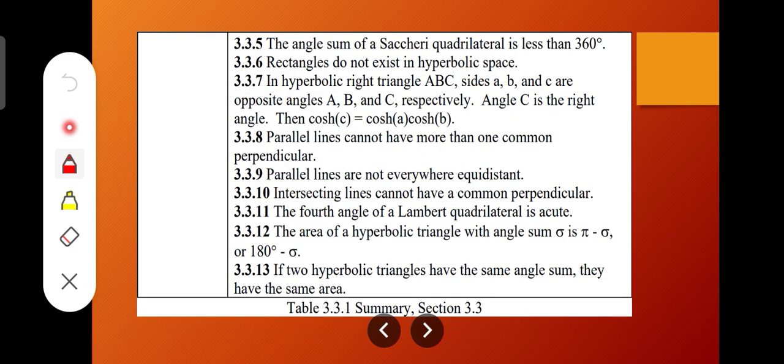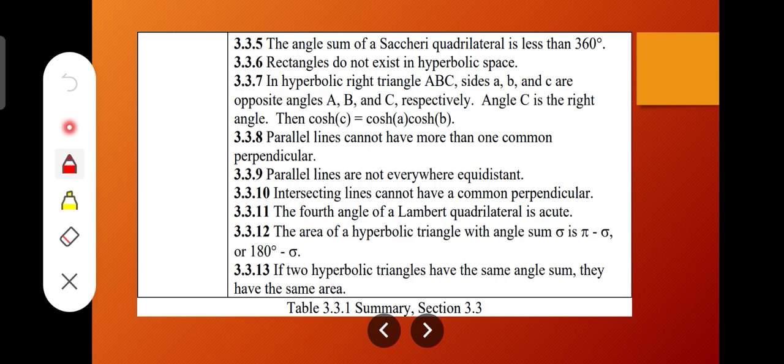Next, we have theorem 3.3.5. The angle sum of a Saccheri quadrilateral is less than 360 degrees. Then 3.3.6, rectangles do not exist in hyperbolic space. Let us always remember that in hyperbolic space, we will never find rectangles.